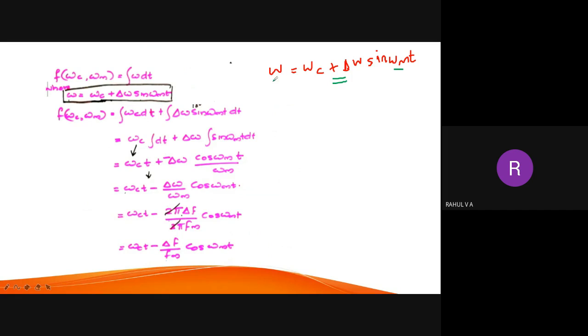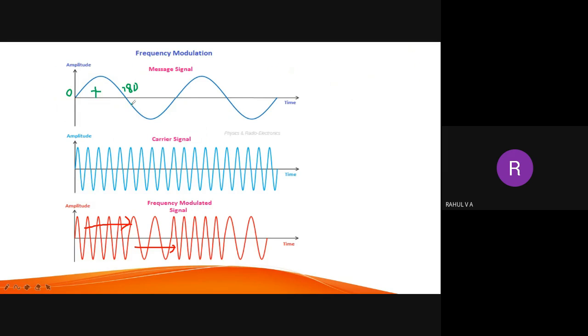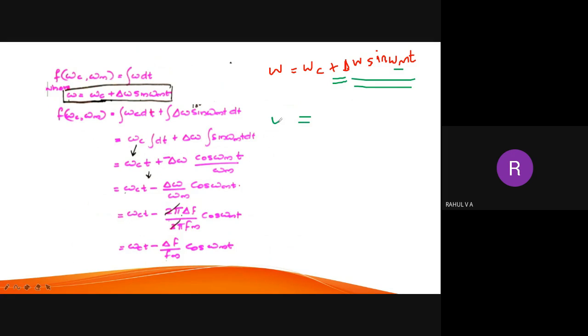So omega becomes omega c plus this small change. And during 180 degrees to 360, sine becomes negative, so this expression automatically becomes omega c minus the second term. I can't write delta omega directly because the second term depends on omega m, so its value will keep on changing. So I can write omega is equal to omega c plus delta omega sine omega mt.